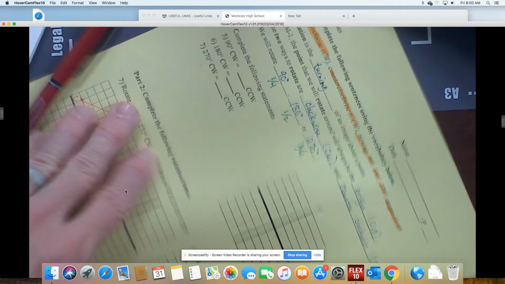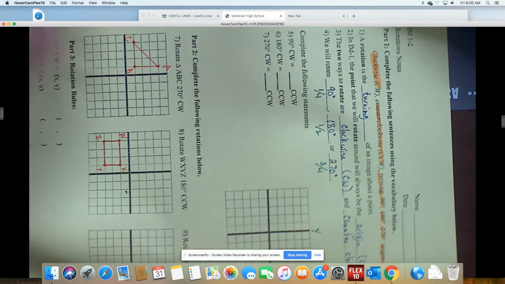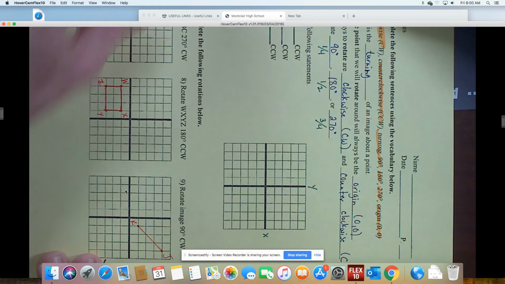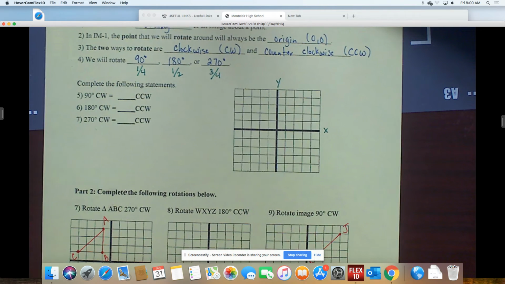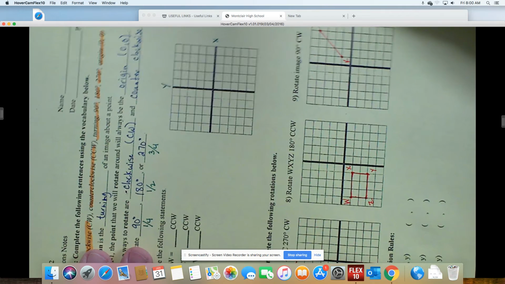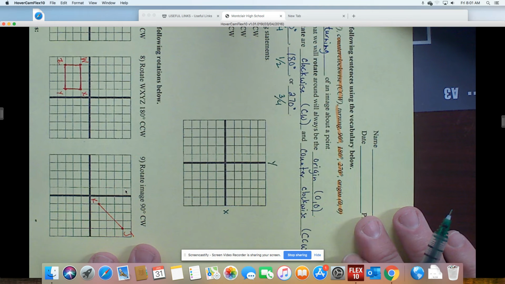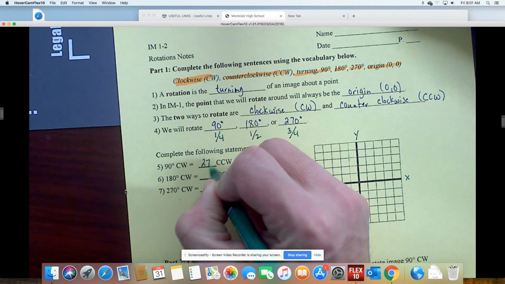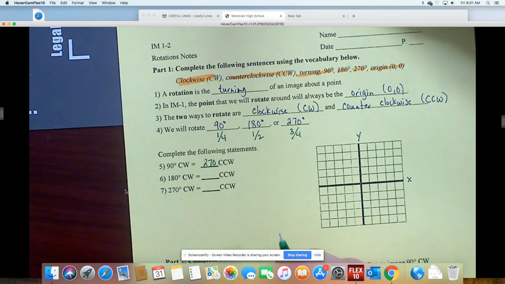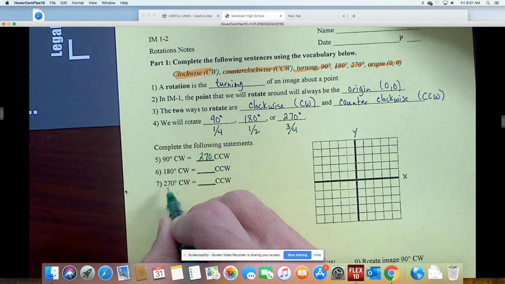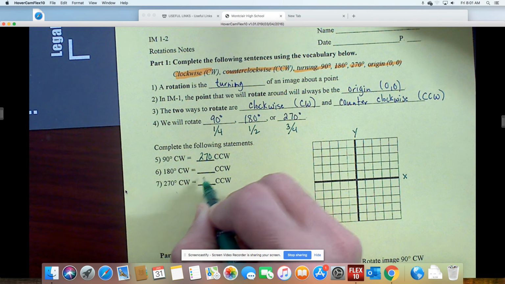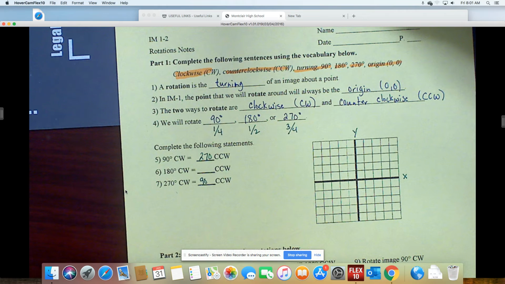Well, if we go 90 degrees clockwise here, how would we go counterclockwise in the opposite direction? We would have to go 1, 2, and 3 turns. So 90 degrees clockwise is the same as 270 degrees counterclockwise. If we have that, then we know that 270 degrees clockwise has to be 90 degrees counterclockwise.